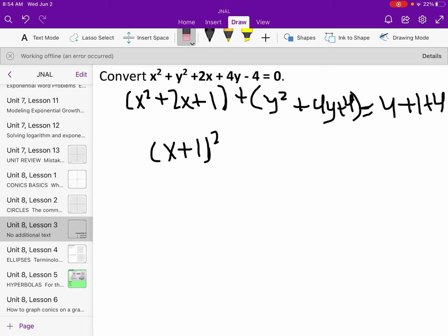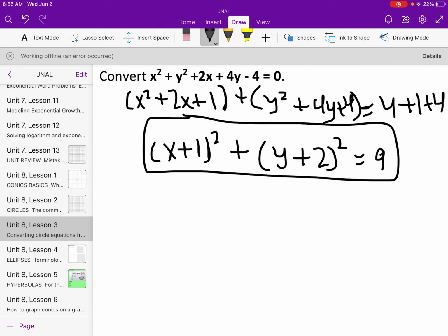That is 1. That's why we did that, but that's review. And then over here, that would make it our y plus 2 squared. And then 4 plus 1, 5. 5 plus 4, 9. So this would be our answer.